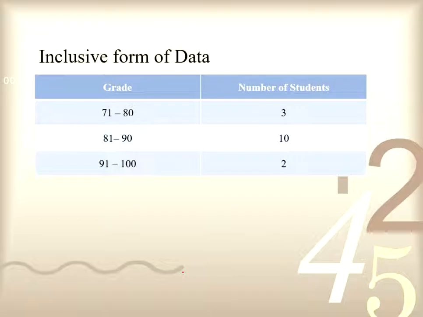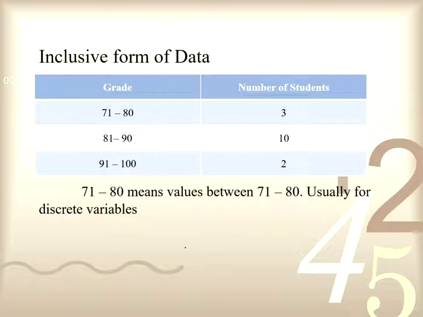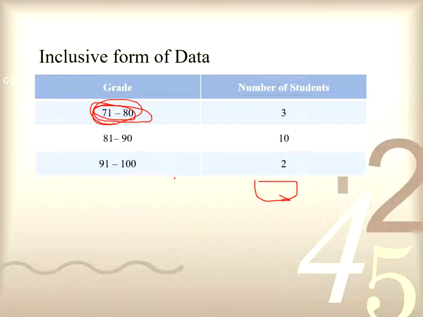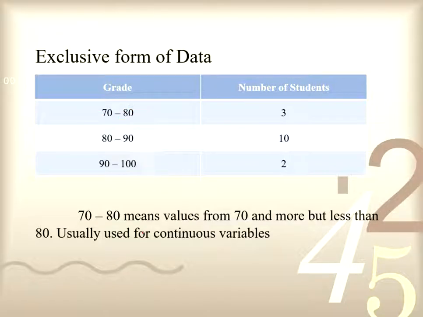Next, inclusive form of data. 71 to 80 means values from 71 to 80. Sakto kung ano yung nakapasok dito. Usually for discrete variables. So, discrete variables yung ating mga whole numbers. Itong isa kasi for continuous variables. So, hanggang 79.9 pasok dito sa ating 70 to 80.